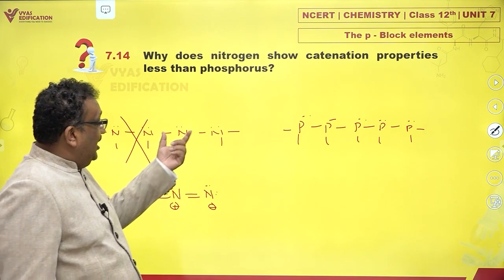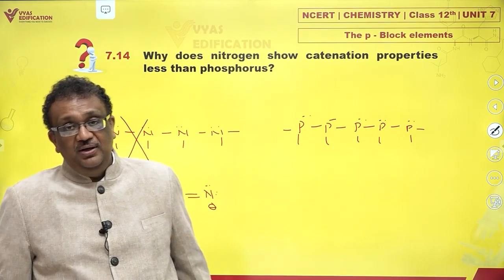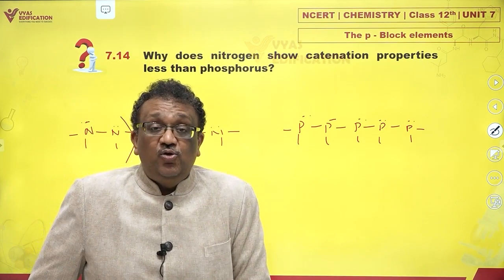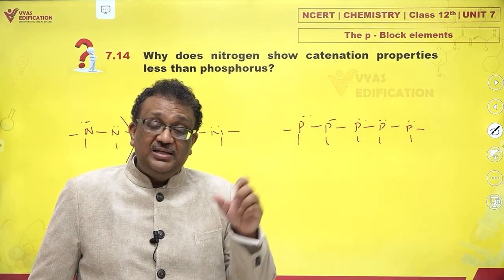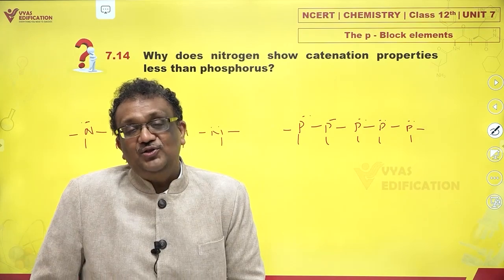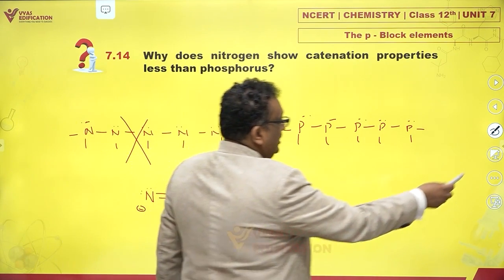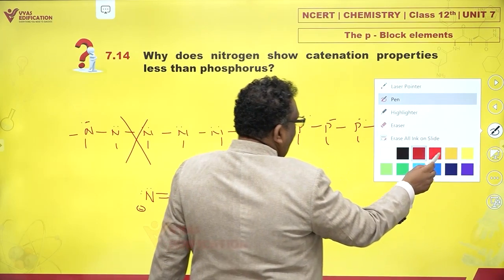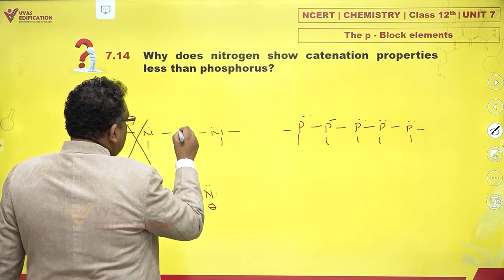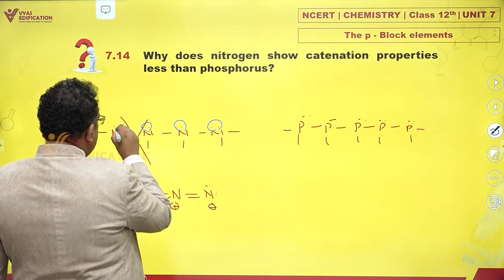See, the length of the N-N bond is smaller than the length of the P-P bond. So, because bond length is less, we might expect that the bond strength should be more. No, that is not the case. Why? The tragedy in the case of nitrogen is because of the lone pair of electrons. Each nitrogen atom actually harbors a lone pair of electrons.